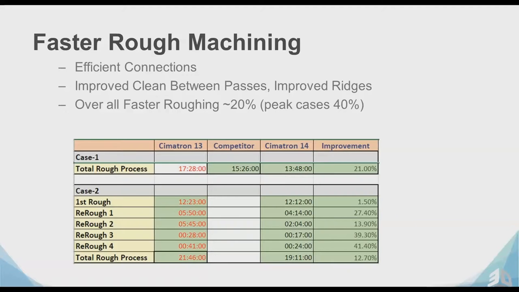So we couldn't improve in this case the basic rough because we were already very efficient at that stage, and basically starting off from a full block, the toolpath was efficient enough. But focusing on the re-rough processes 1 to 4, we can see increase in efficiency of 27%, 13%, 40%, and 41% per process or per procedure.